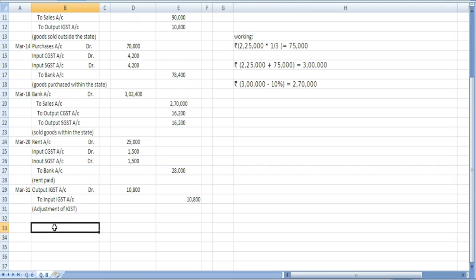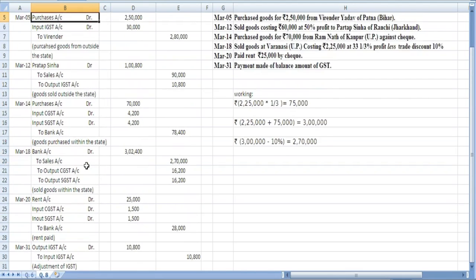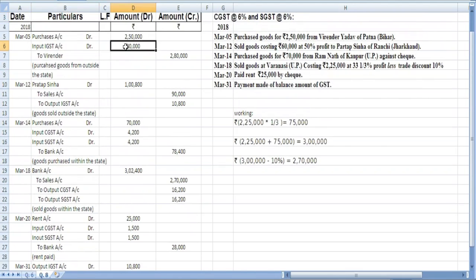Now out of 30,000 that we had paid during the purchase, we have collected only 10,800.